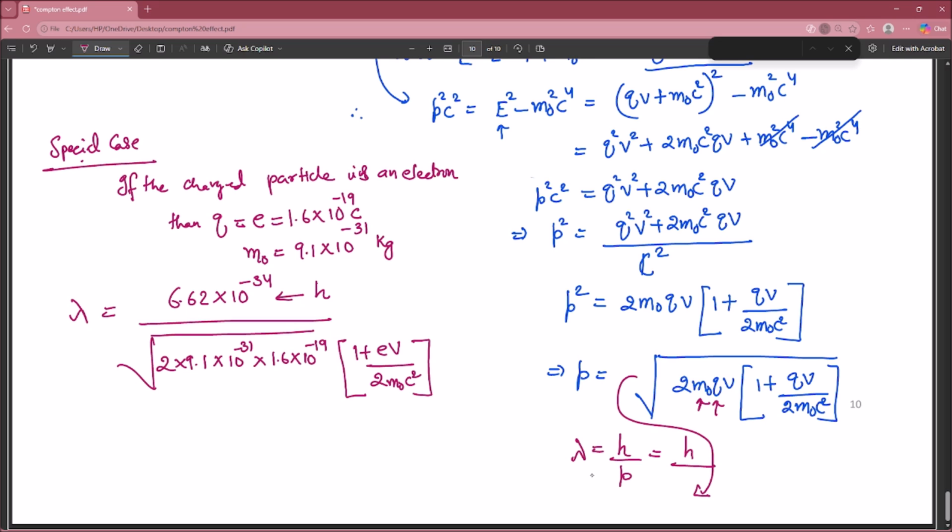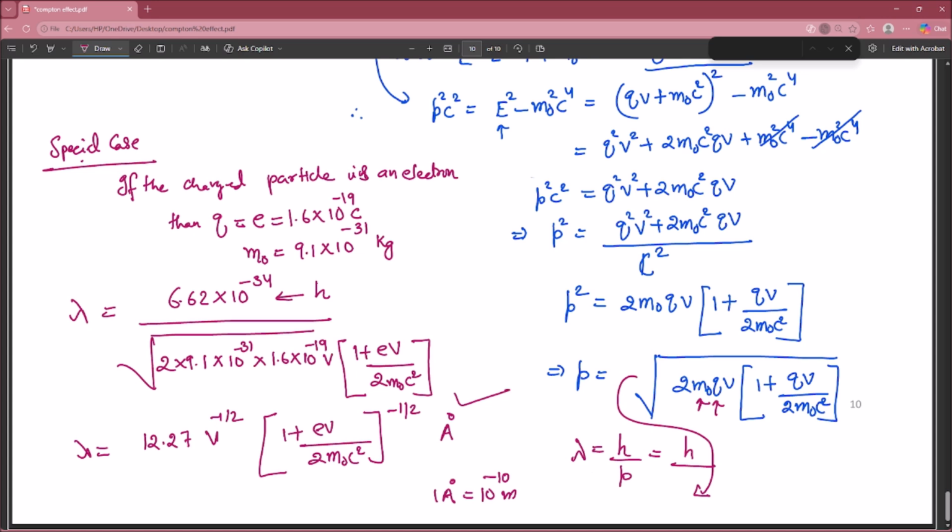Here also we have a V term, so after solving everything we will write 12.1227 V to the power half, times 1 plus eV divided by 2 m naught c square to the power half. This is in terms of angstrom. We know that 1 angstrom is equal to 10 to the power minus 10 meter. This is the expression for the electron in the relativistic case, and this is the general equation of the electron in the relativistic case.